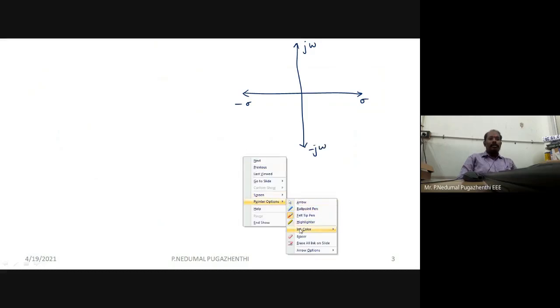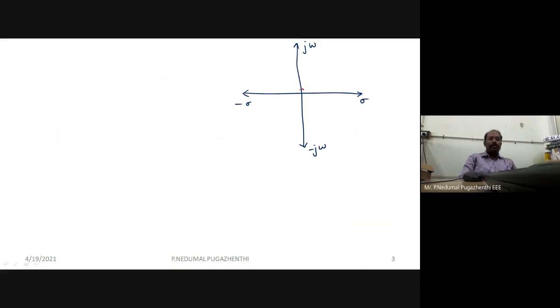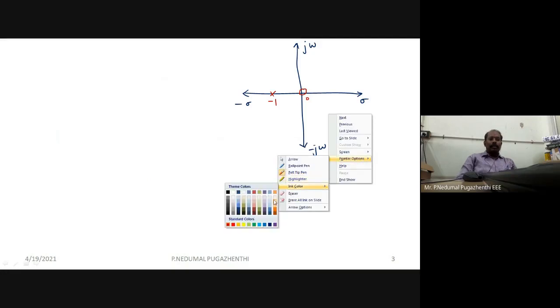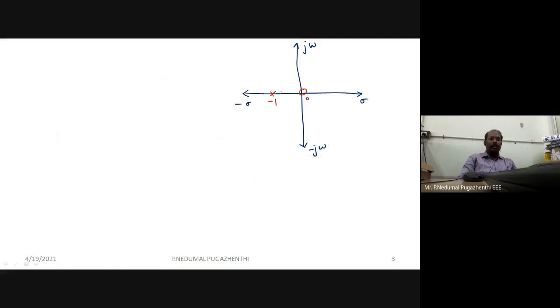As denoted, let me take the zero at s is equal to 0, and the pole at s is equal to minus 1. If I am taking a test point, for example, I am choosing a different color for that, let us say dark. If I am choosing this point, this is a test point, maybe s is equal to minus 0.5.